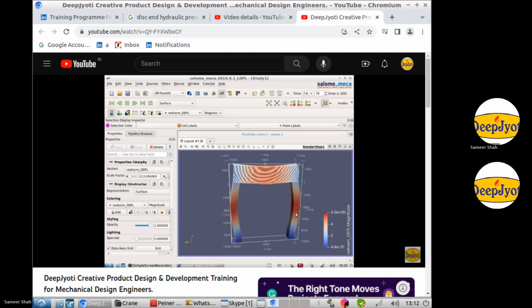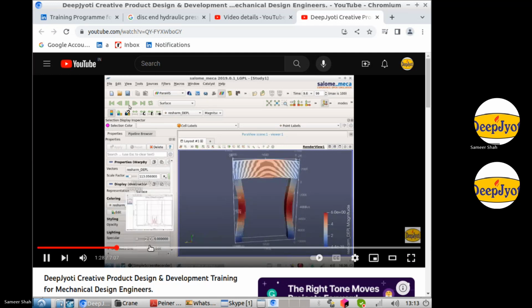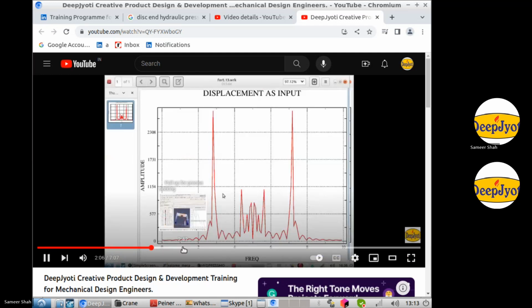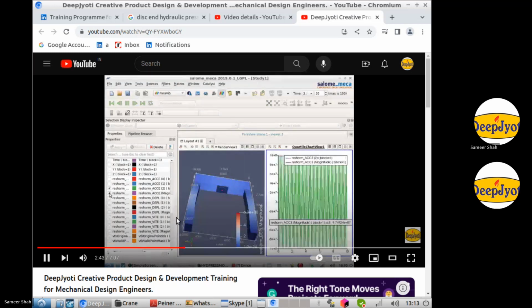I cannot just do jugglery with my CAD and increase the section without any support of calculation. I need to have some calculation support. So there is a theory, there are formulas which will control all this column deflection.